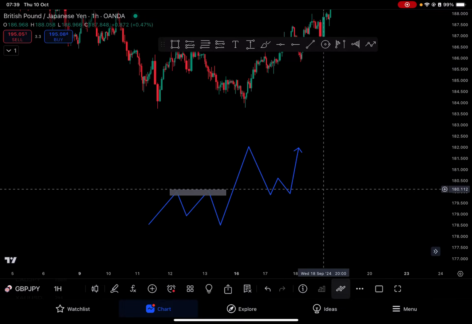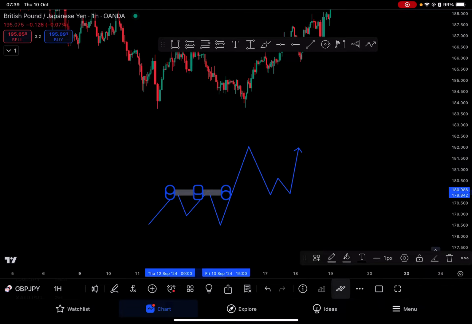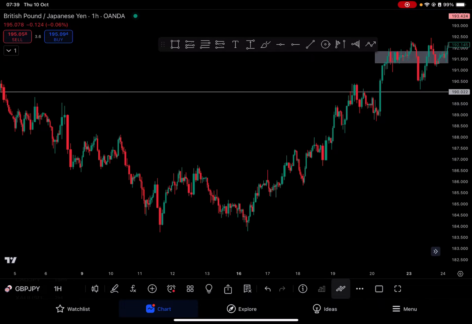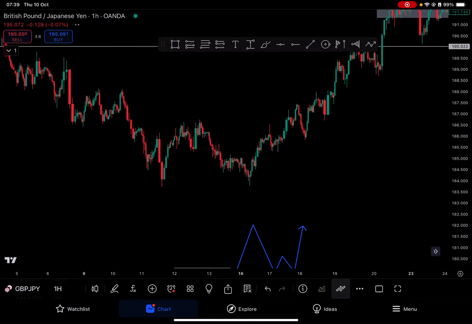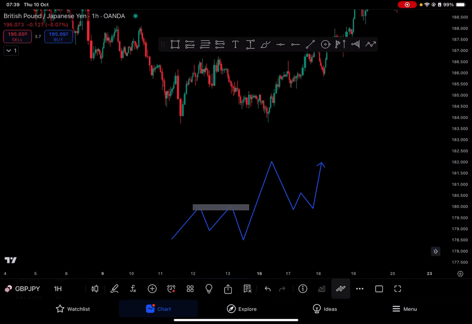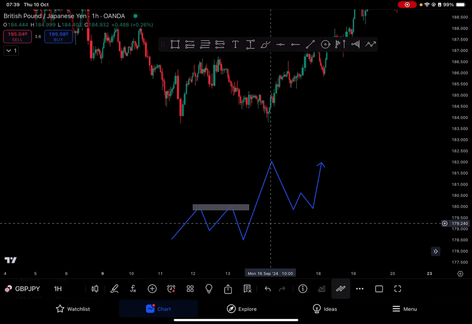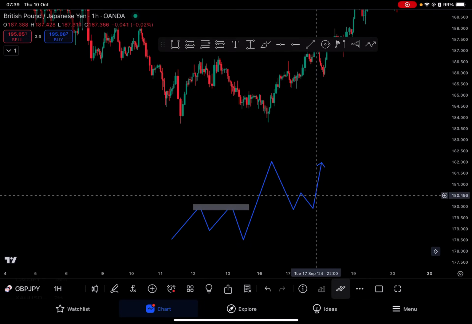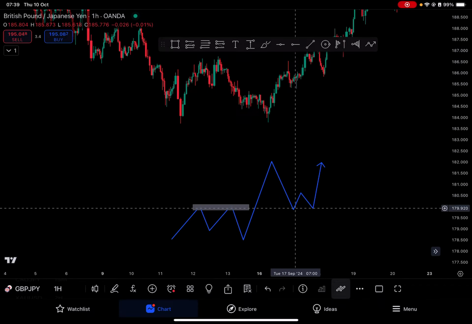Why? Because something happened here two times, and now you want to pay close attention. So the only reason why you will not enter a trade is if after price interacts with this and breaks out, it fails to give you your double confirmation, then you have no business entering the trade.